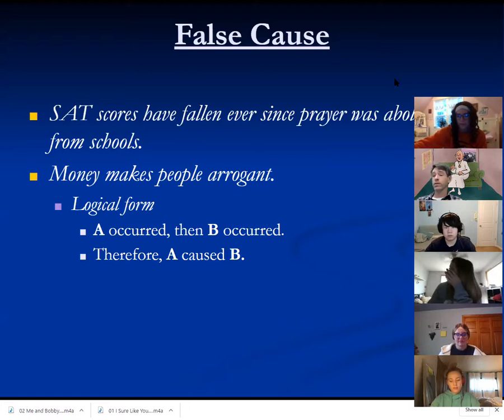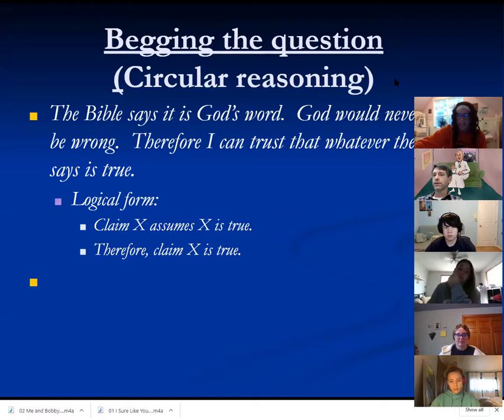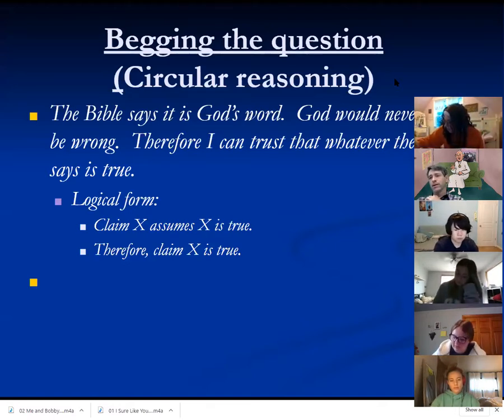And then there's another common one coming up here that my children use all the time. It's officially called begging the question, but outside of the official level of logic, we typically tend to call this circular reasoning.